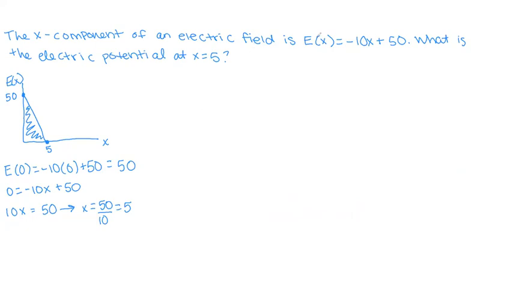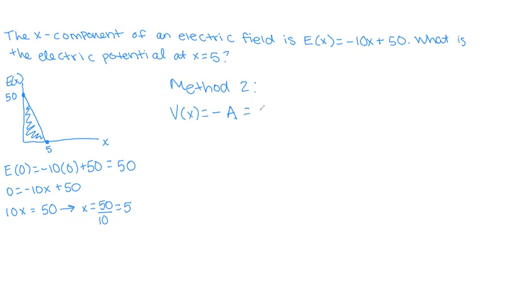But lucky for us here, this is going to be method 2. This is just a triangle. So we know the formula for the area under the curve of a triangle. We can say that V of x equals the negative of the area under our line there.